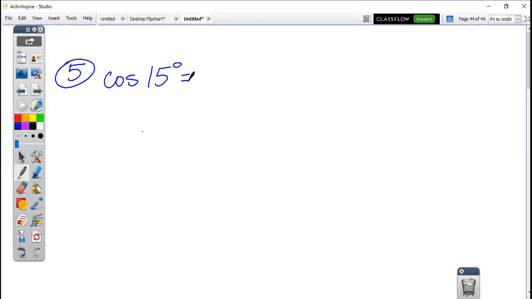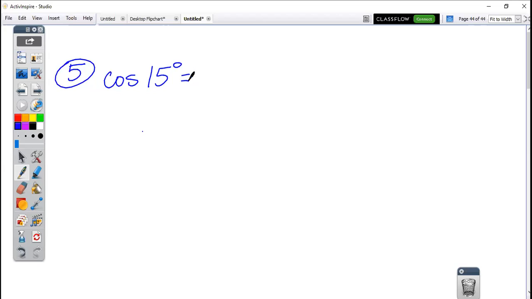Okay. 5. It says to find the exact value of the cosine of 15. So, easiest way to do this is doing the sum and difference identities. We're still going to use the back of our cheat sheet where you have the chart, okay? You're looking for 2 angles on there that add up or subtract to be what? 15.